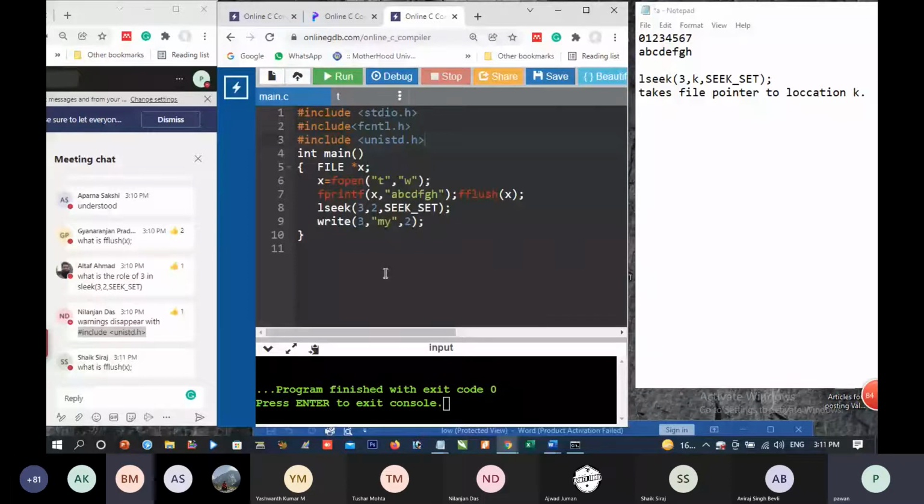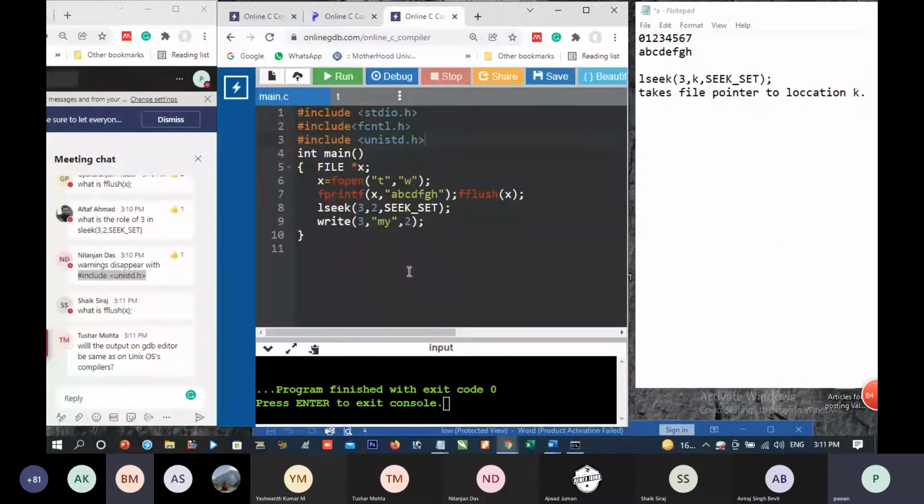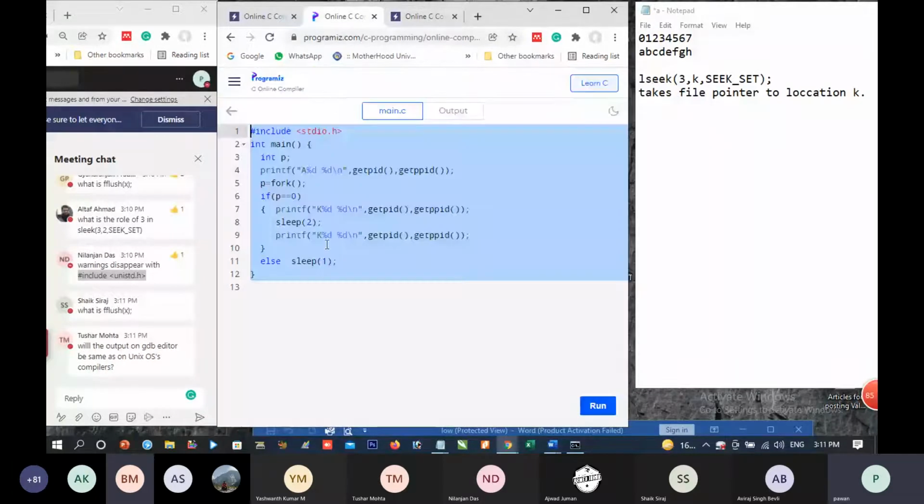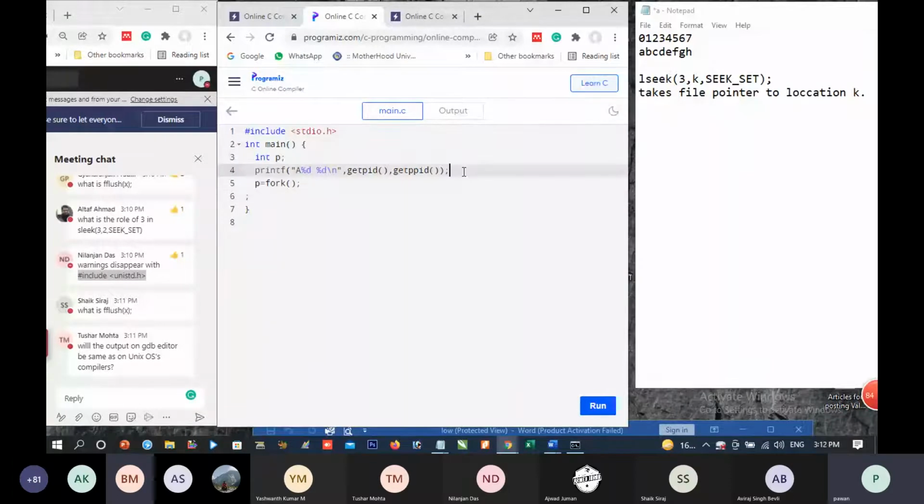In very short, let me tell you what is F plus. What is this program supposed to output, can you tell me? Don't execute it.